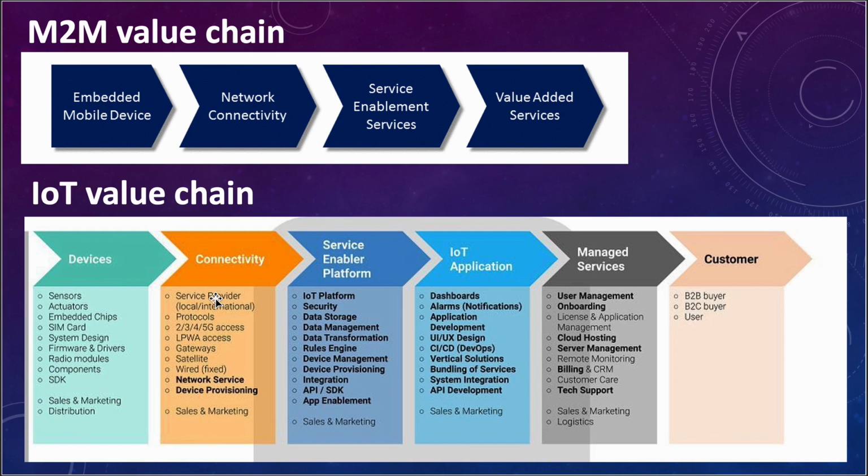If you are providing an IoT service, or an IoT solution or an IoT application, you can provide from the device, connectivity service and mobile platforms, IoT applications, and management service to the customer. So you have to understand, when we are talking about M2M value chains, or IoT value chains, OT value chains, IIoT value chains, whatever, right?